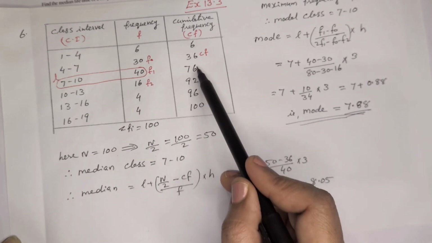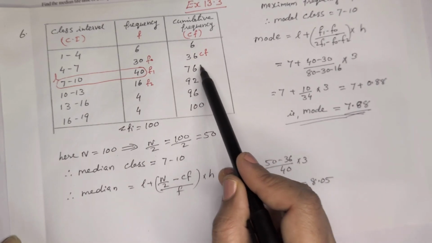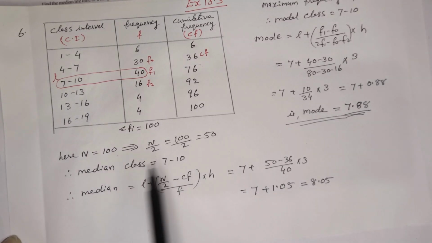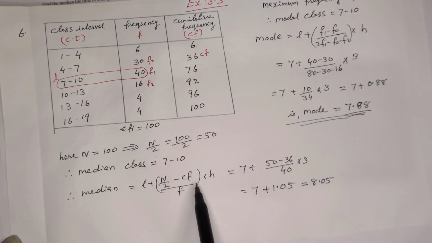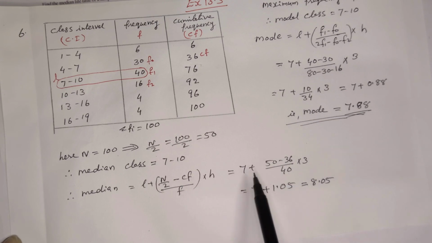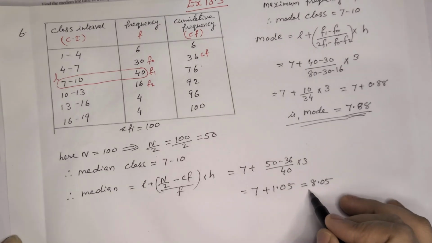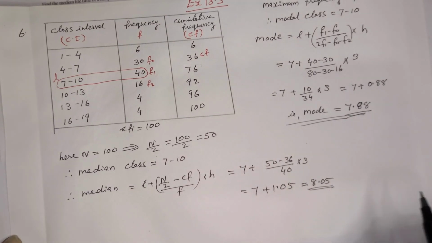Look at the cumulative frequency table. Above 50, that is 76. So the same class 7 to 10 is the median class. Then in the formula, L plus n by 2 minus CF by F into h: 7 plus 50 minus 36 by 40 into 3. We are getting here median is equal to 8.05.